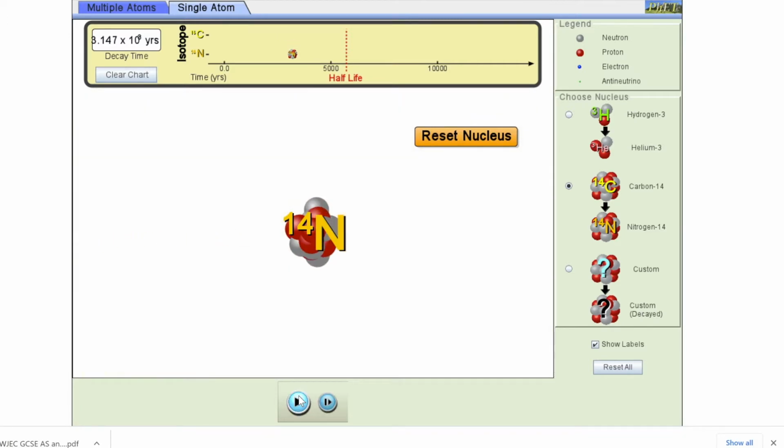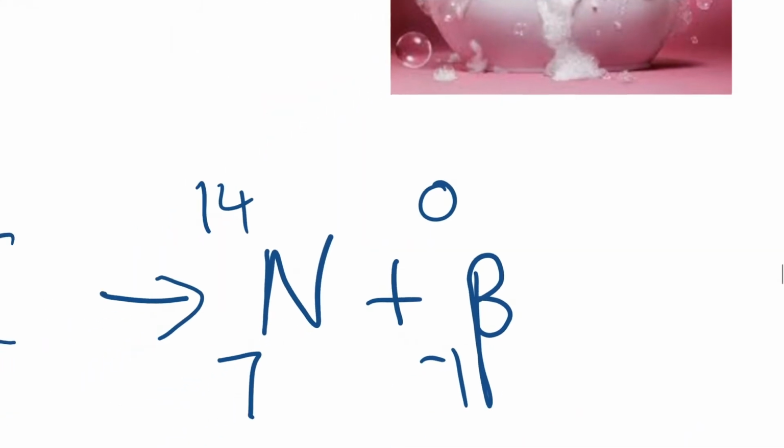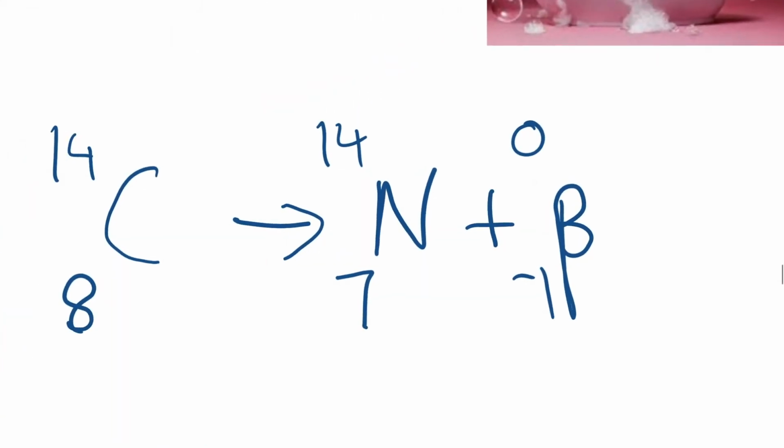Okay, look what happened. It changed from a carbon-14 to a nitrogen-14 atom, and you could see that this atom jumped from there to there. If we quickly go back to our notes, you can see that the number of protons in the carbon atom was 6, and then it turned to 7.